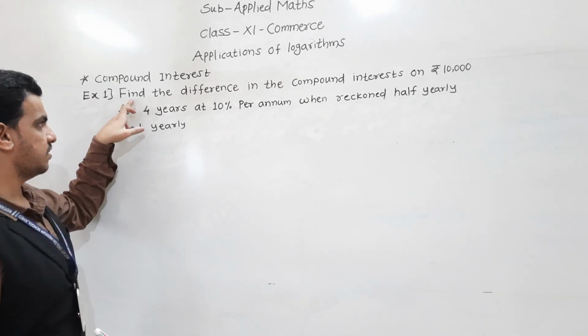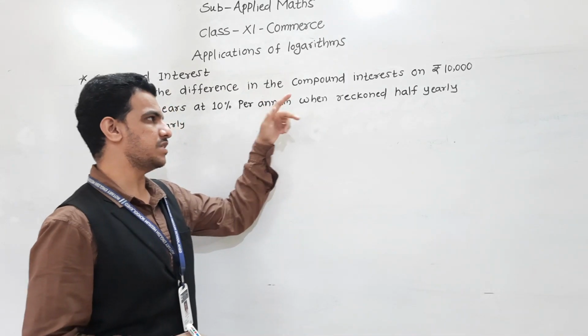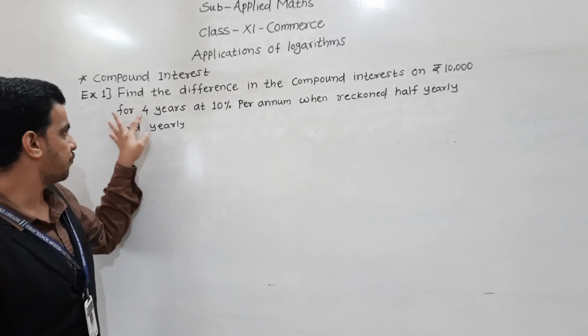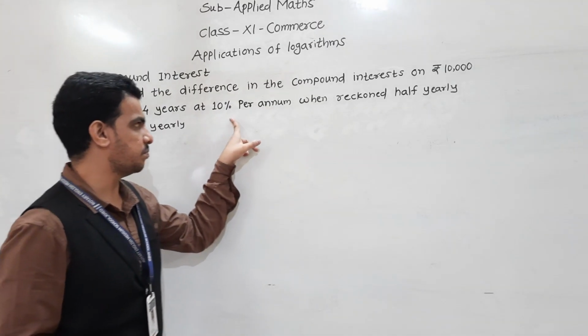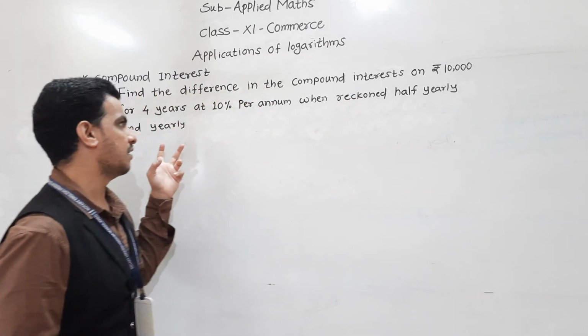Okay, so find the difference in the compound interest on rupees 10,000 for 4 years at 10% per annum when reckoned half yearly and yearly.